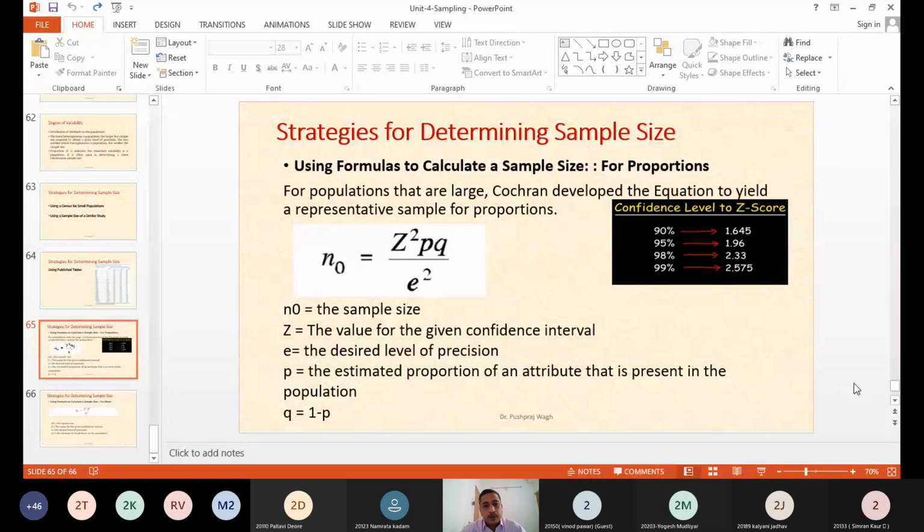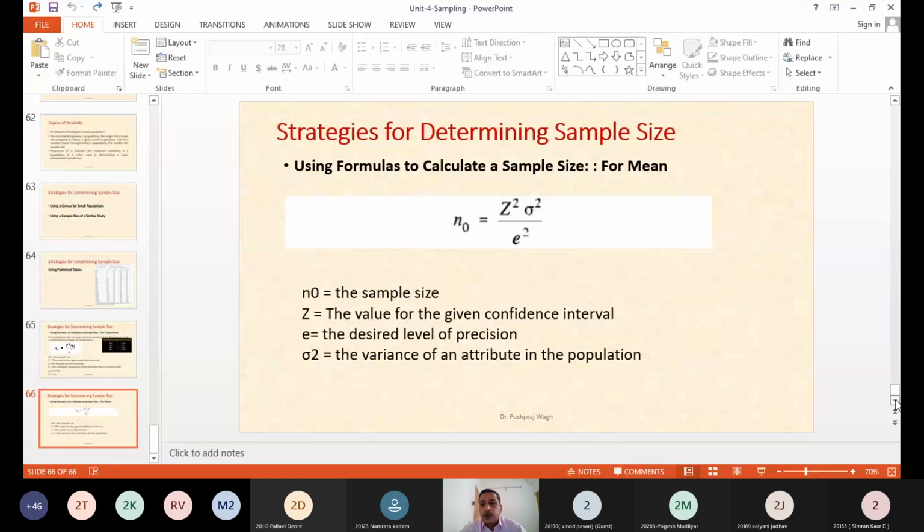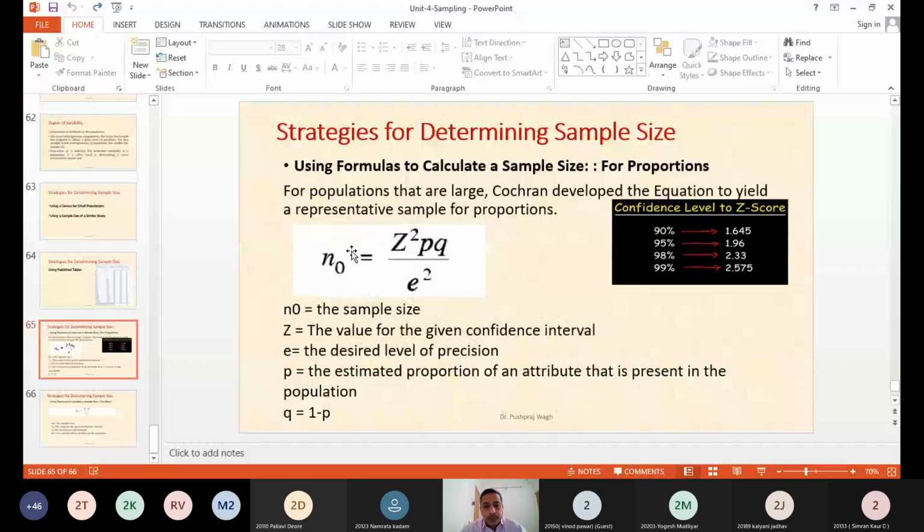Yes, sir. This is the formula for proportions. When populations are large, we can use Cochran's formula to calculate sample size. Another formula which we have is a formula for mean. The earlier formula we have seen is for responses that are dichotomous, that is, responses in two options, yes or no type.